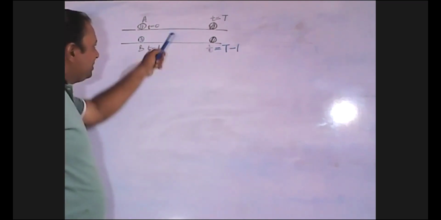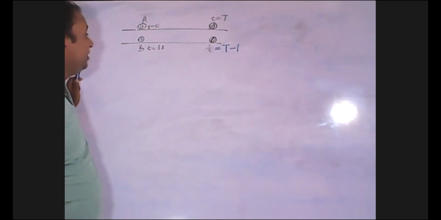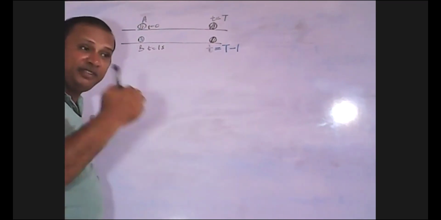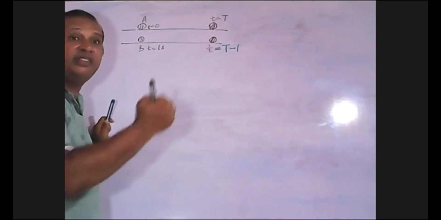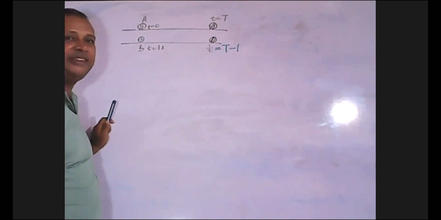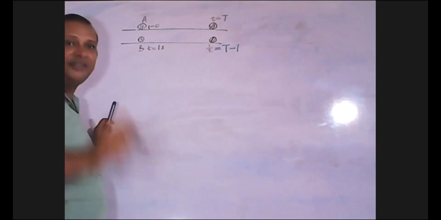As an example, suppose capital T is 10. That means the distance traveled by A within 10 seconds should be equal to the distance traveled by B within 9 seconds. So that is the requirement.